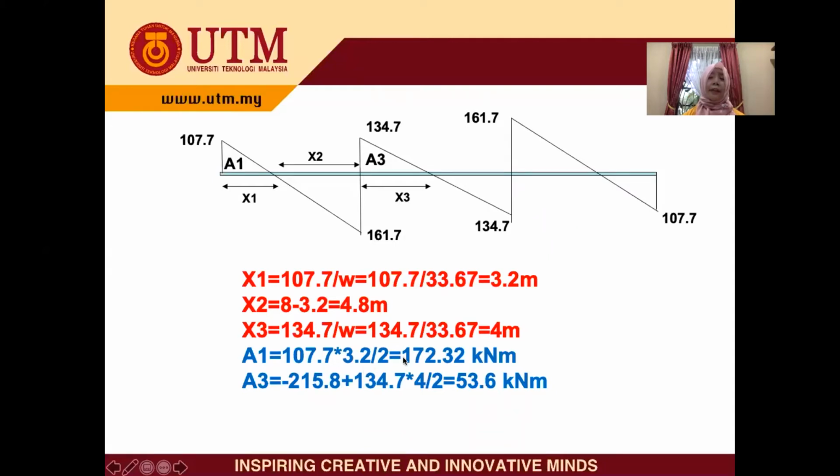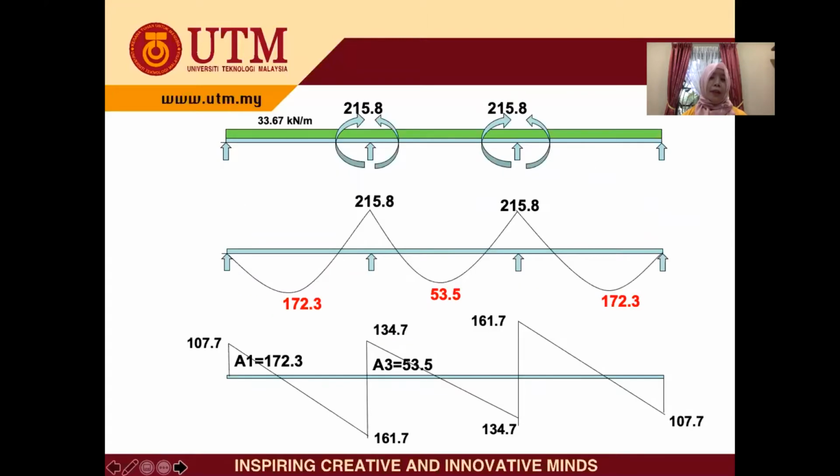Therefore, the area is 172.32, and area 3 here is 53.6. Then we can get the value that we want here. So that is the moment diagram.